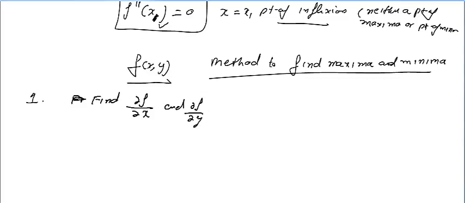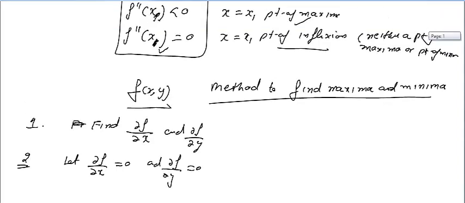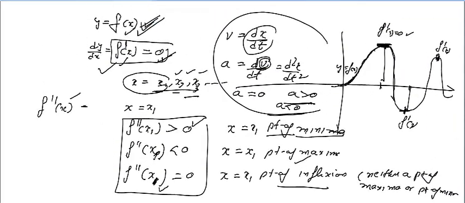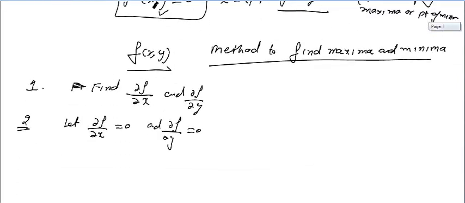After that, in step number 2, you will let ∂f/∂x is equal to 0 and ∂f/∂y is equal to 0. You know that in the single variable case you took the single derivative equal to 0. But here you have two derivatives, so you will take both derivatives separately equal to 0 to get the maxima and minima.